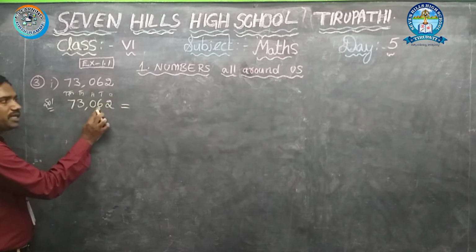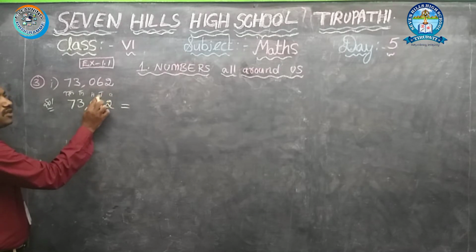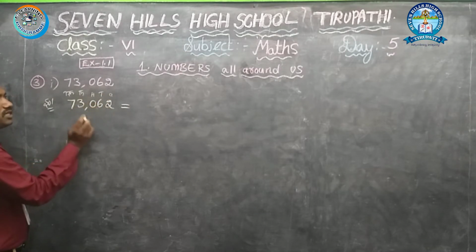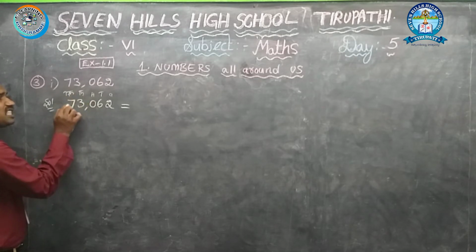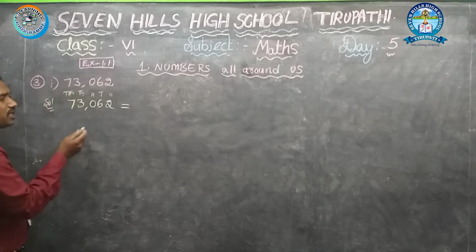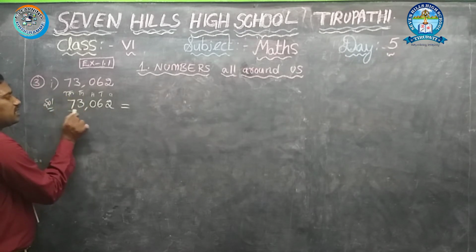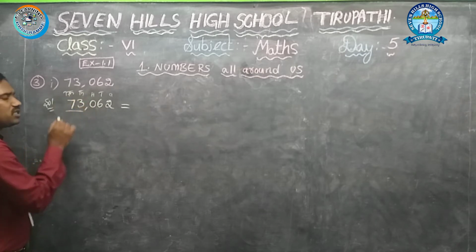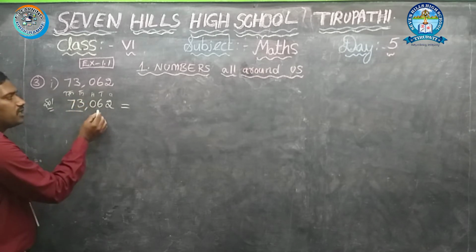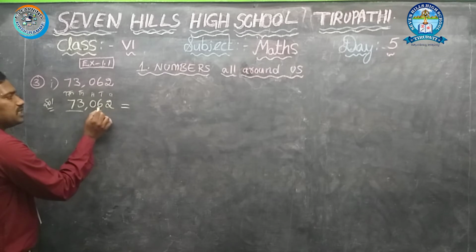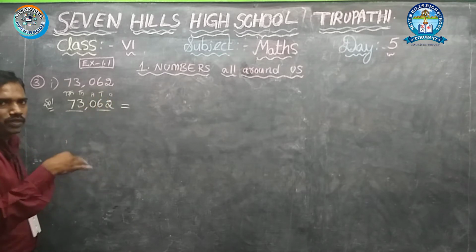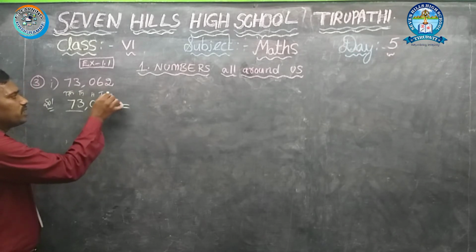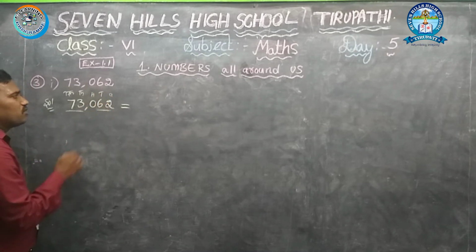How many tens? 6 tens. How many hundreds? 0 hundreds. How many thousands? 3 thousands. How many 10,000s? 7 10,000s. First of all, the thousands and 10,000s are one group, and you read the tens place and ones place together.